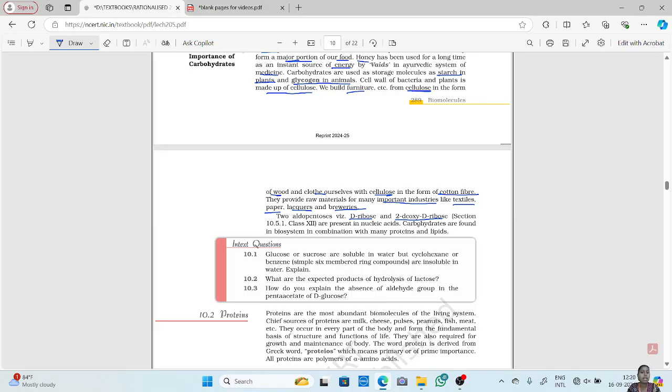In biology you must have heard these terms: RNA is ribose nucleic acid and DNA is deoxyribose nucleic acid. So carbohydrates are also involved in biosystems in combination with many proteins and lipids.